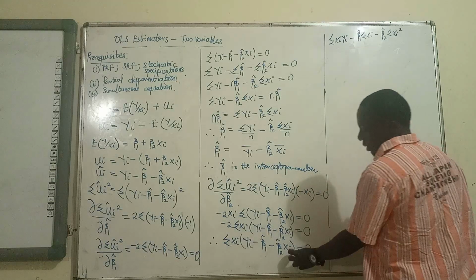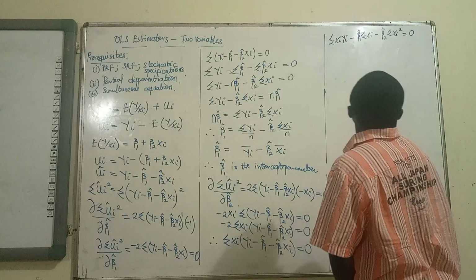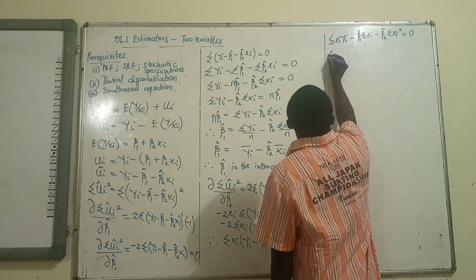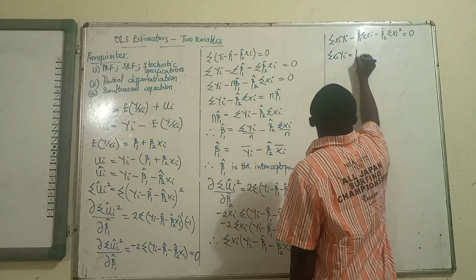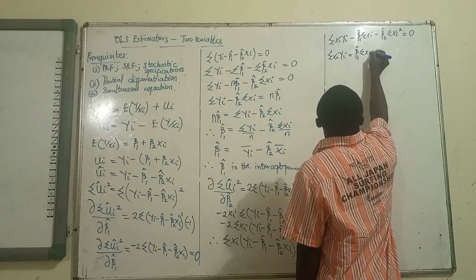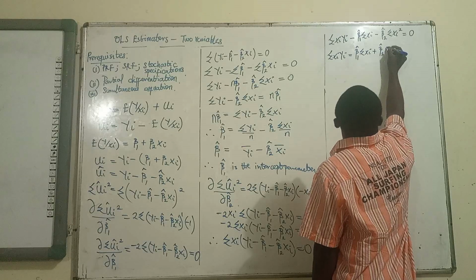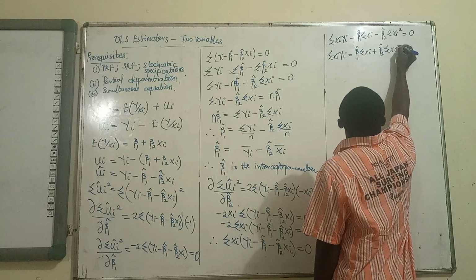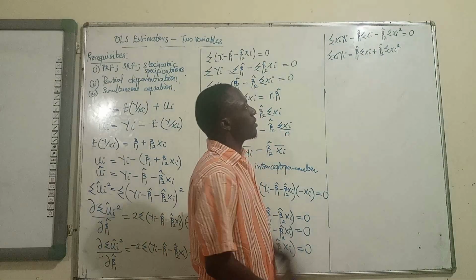So that's xi multiplied by xi, you have xi squared. Everything equals 0. So also we have summation xi yi equals beta 1 cap summation xi plus beta 2 cap summation xi squared, when you take everything to the right hand side.